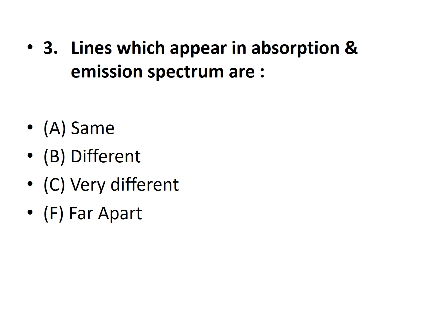It has been seen that for the same element, whether the spectrum is taken as absorption spectra or emission spectra, only the principle and process are different, but the number of lines and their positions always remain the same. So definitely the option is A, that is same. This is the right answer.